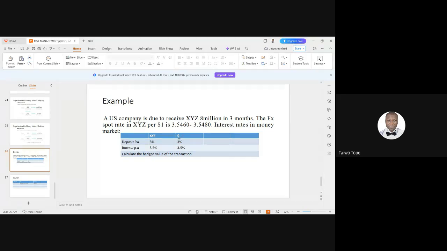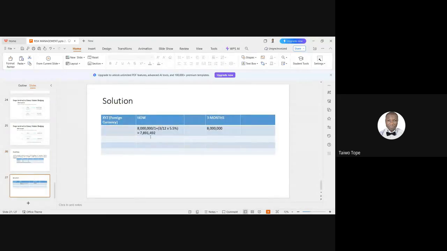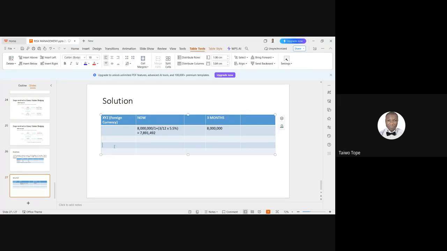So when you convert it to your home currency, it's going to be 7,891,492 divided by what? 3.5480. The result will be what?